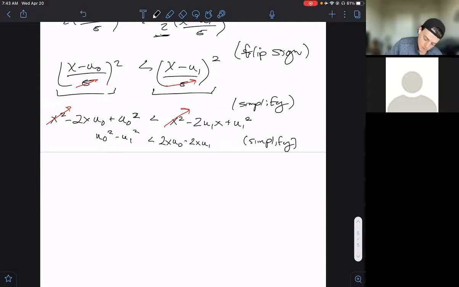Simplifying from there, then we can go ahead and divide it.